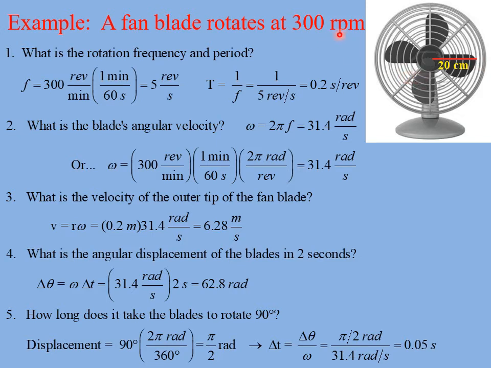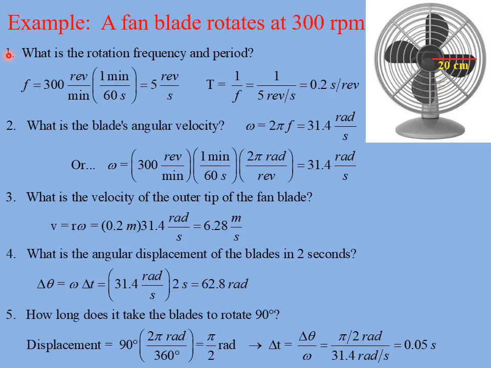Now there's a new unit for us. An RPM is a revolution per minute. So that means this fan blade is spinning around 300 times every minute. We're also told that the radius of the fan blade from the center out to the tip is 20 centimeters.